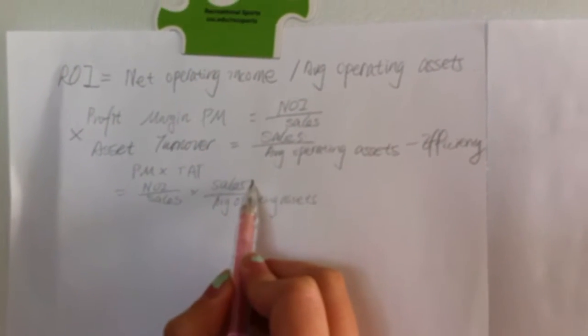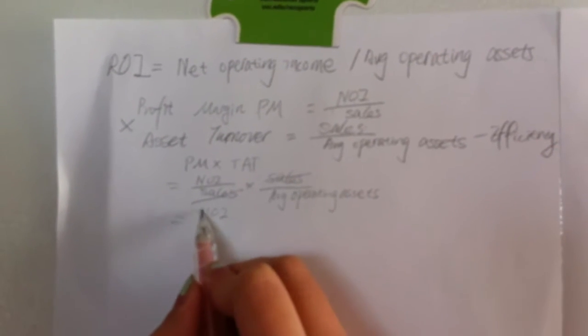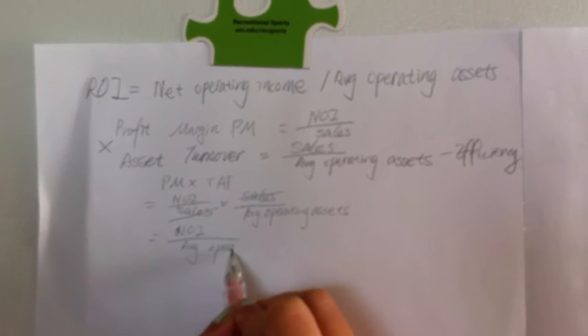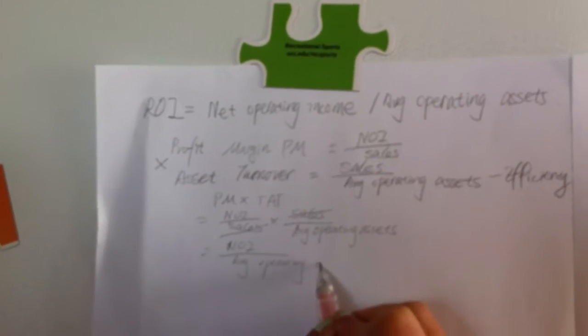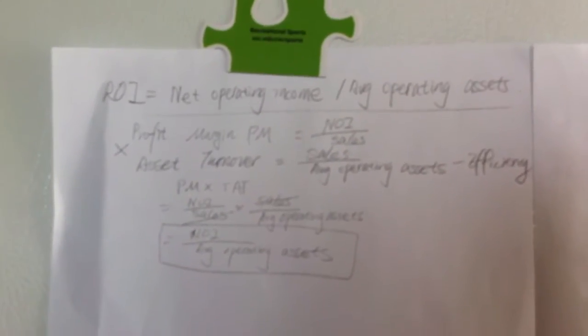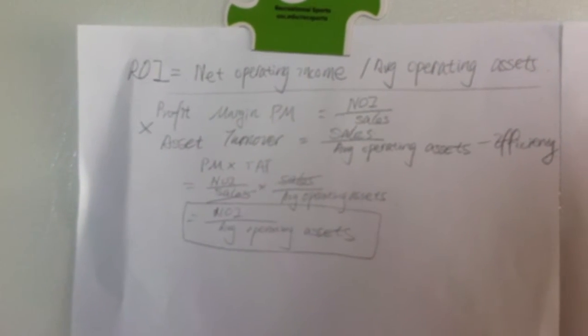And we see that sales gets cancelled, which gives us net operating income divided by average operating assets. And it's basically this single formula. So we proved it.